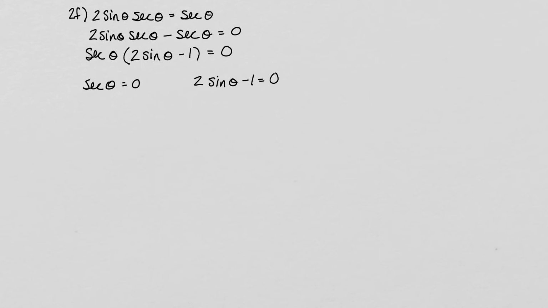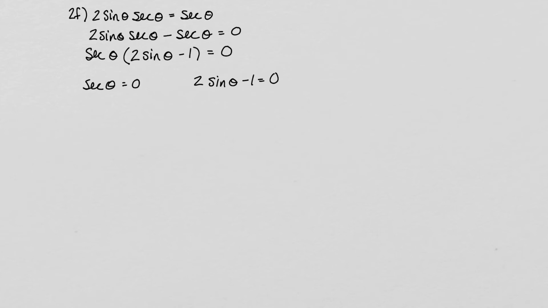However, it's a bad habit to get into because if that secant was a cosine, all of a sudden you would have ended up losing information. It's just like how we don't divide both sides of an equation by x. We're not going to divide both sides of an equation by a trig function. Does that make sense?